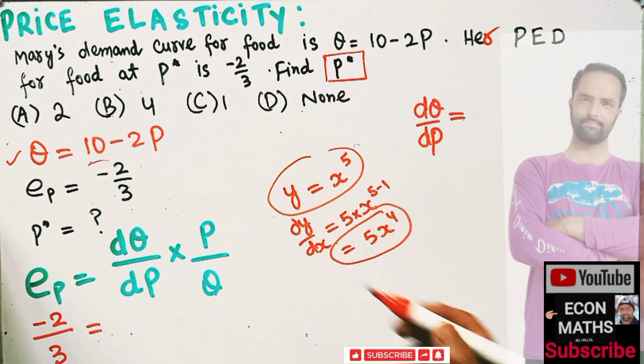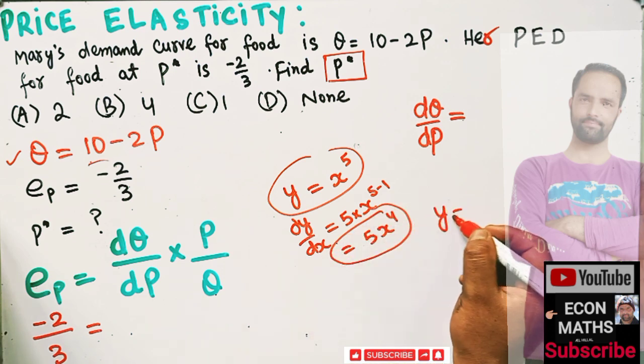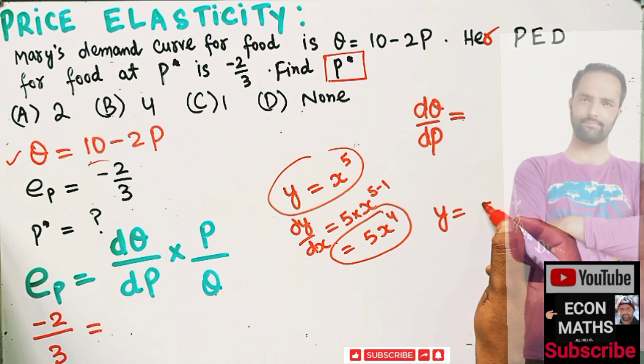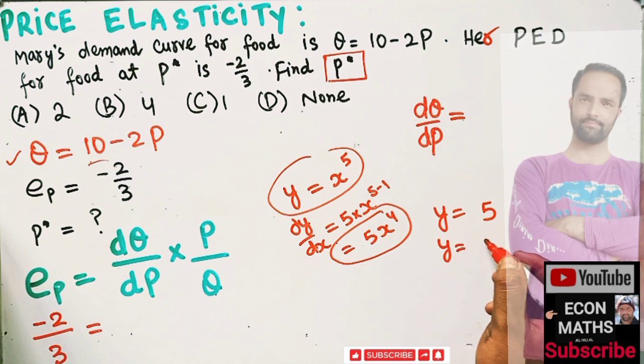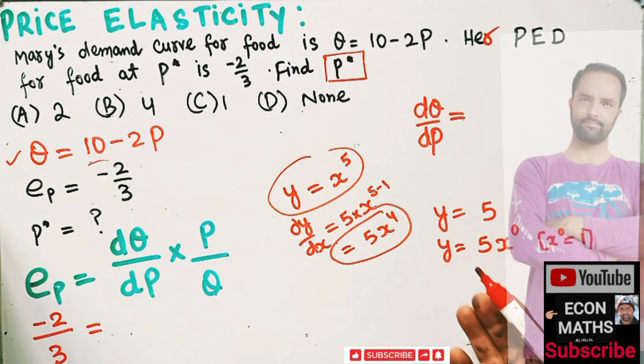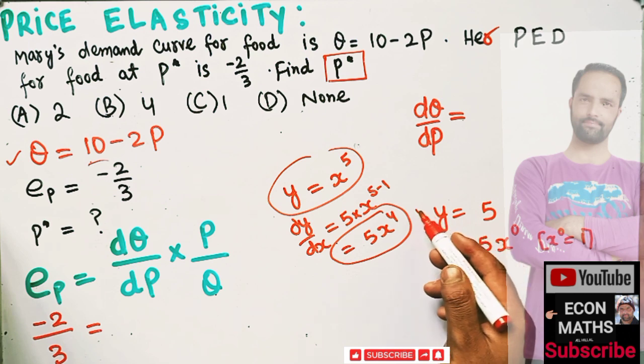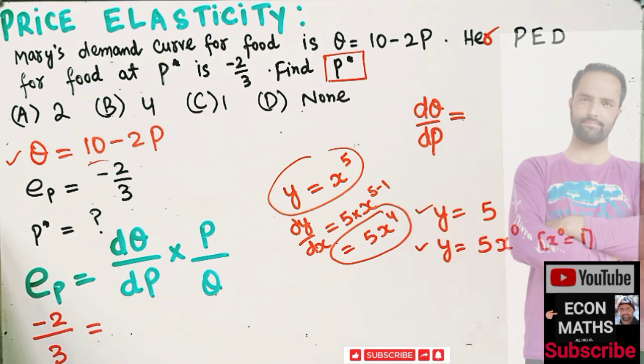Now let us say we have y is equal to any arbitrary number, 5. I can write it like this: 5 times x to the power 0. x to the power 0 is equal to 1, so 5 into 1 is 5. We didn't do anything with this; these two things are the same.